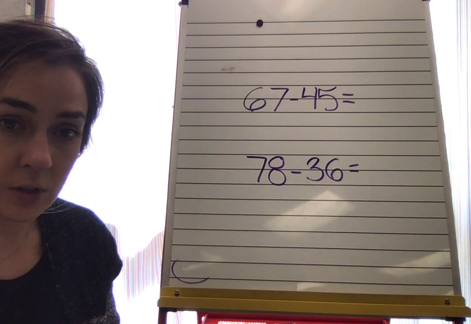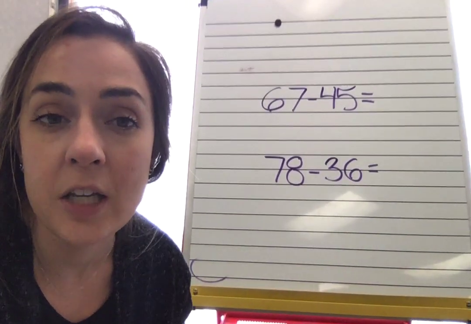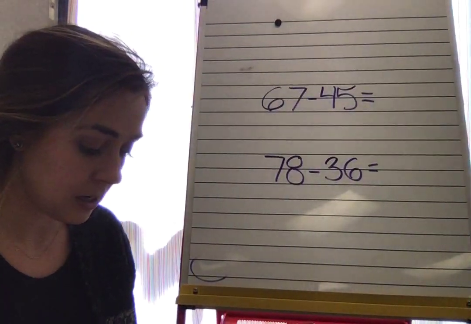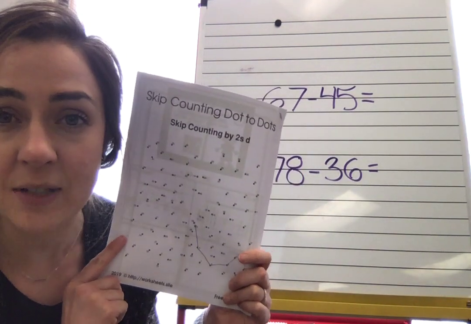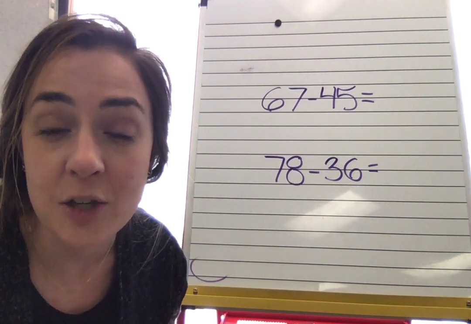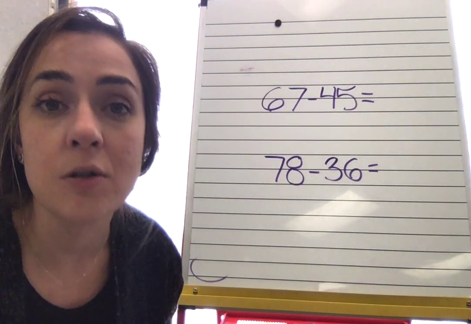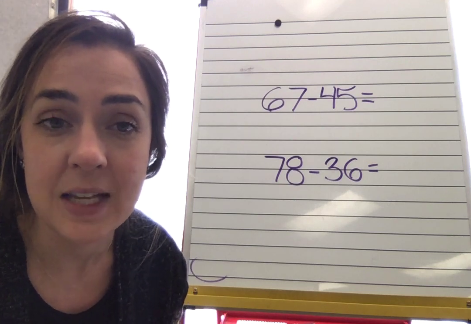So now I want you to go and do that by yourself. Take a picture and send it to me. And then when you are done, if you haven't done anything with the skip counting by 2s, you can do that. If you haven't done extra math yet, you can do that. Or you can do the Kahoot or the Boom Deck as your choice board choices.